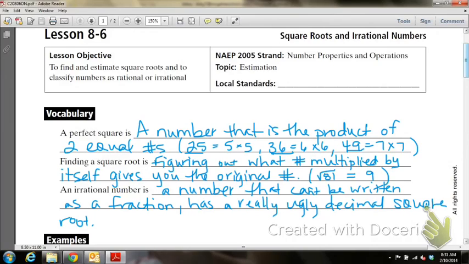Okay, so for an example, if I were to ask you for the square root of 5, there's no number that when you multiply it by itself gives you 5 as an answer, so this is irrational. You'll get a really gross decimal if you tried to punch that in. 5 is not irrational, but the square root of 5 is irrational.